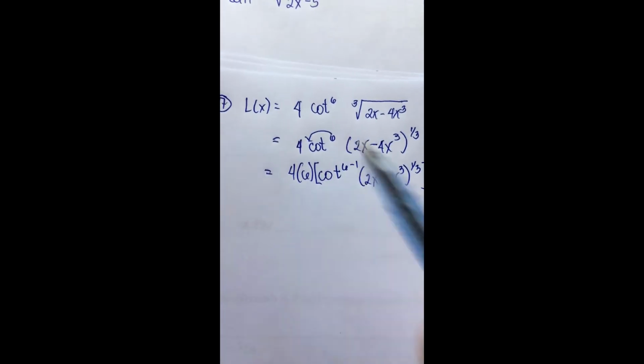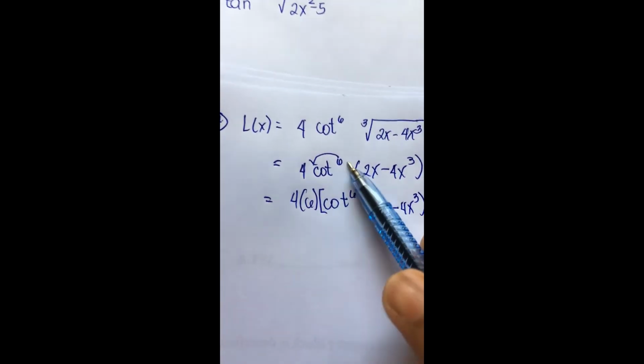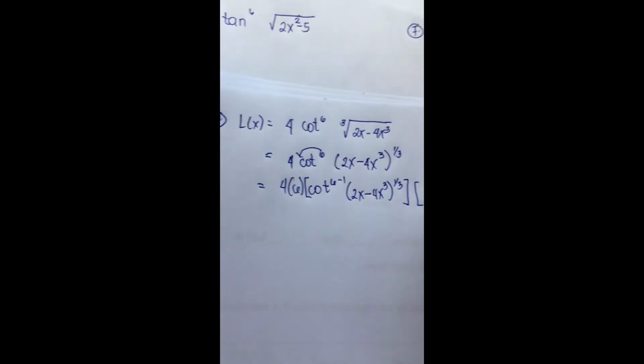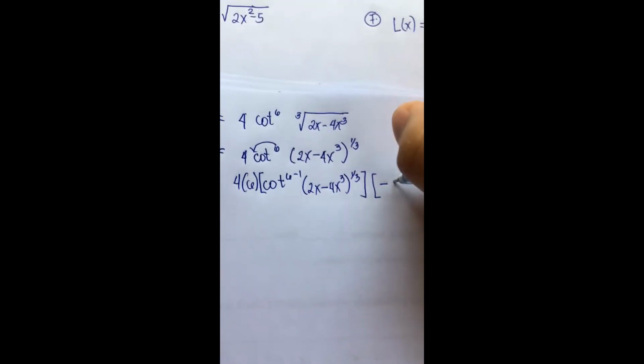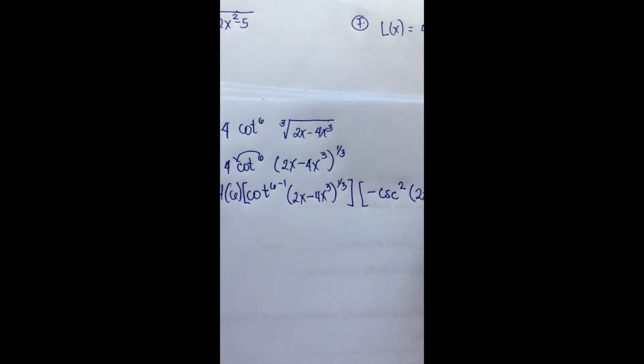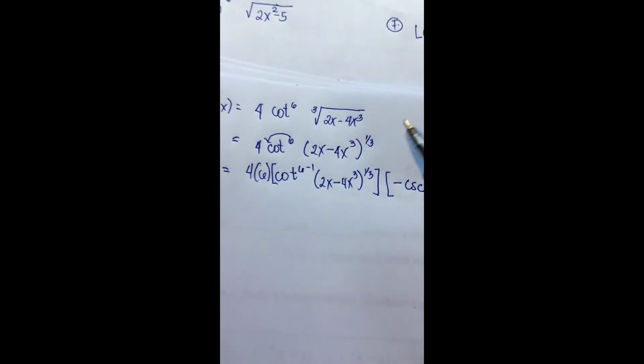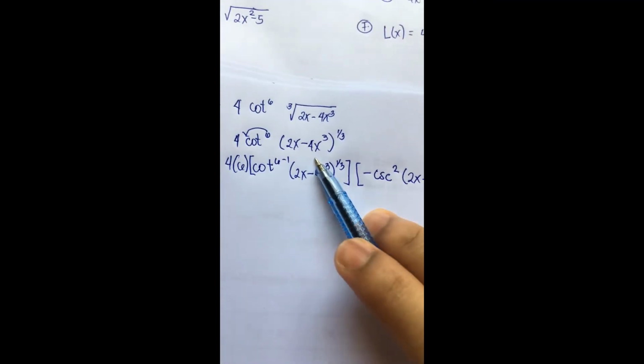Times the derivative of cot na walang 6. Yung cot lang, wala lang 6. So the derivative of cotangent is negative cosecant squared, then copy the base. Next, the derivative of your base. Your base is 2x minus 4x cubed raised to 1/3.